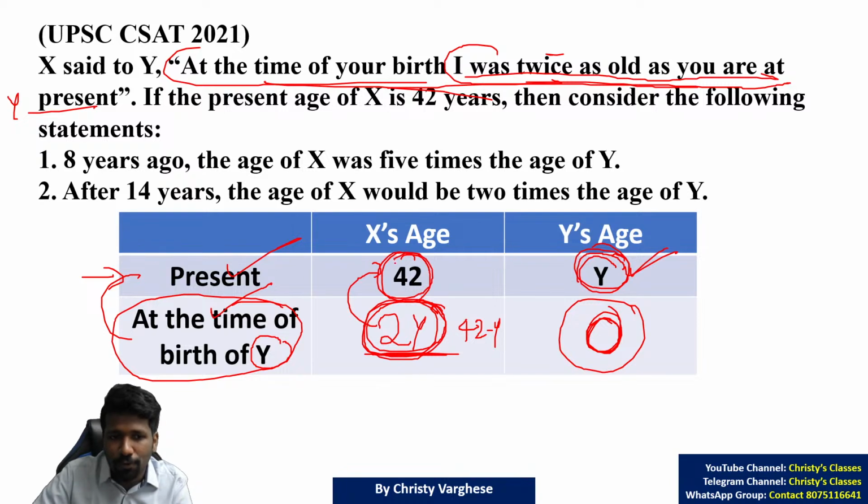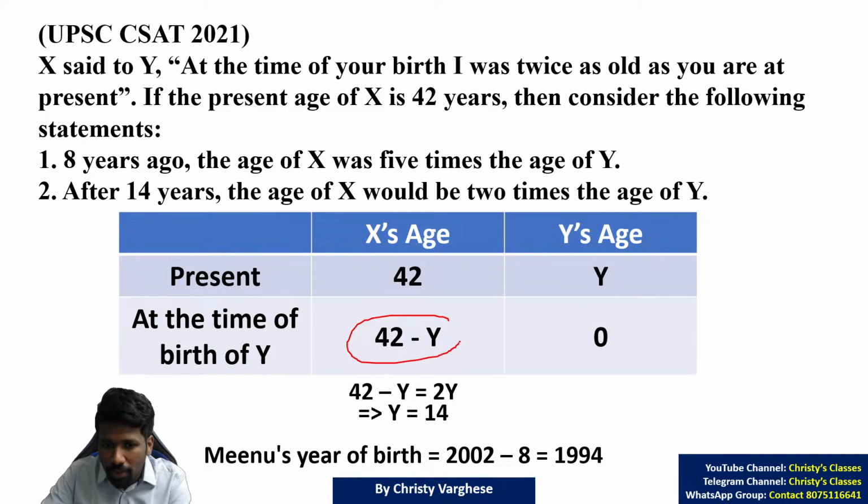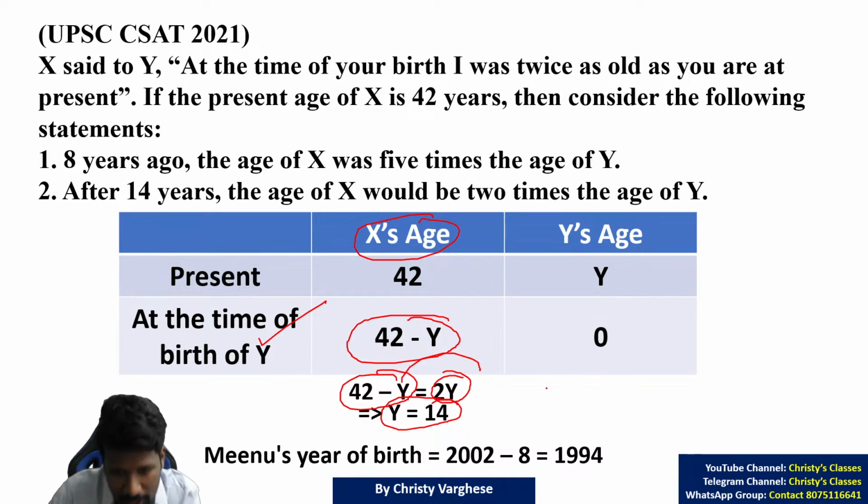X is currently 42 years old, so Y years before it is 42 minus Y. So 42 minus Y is also a representation of X's age at the time of birth of Y. That means 42 minus Y and 2Y are equal. Equating that, you will get the value of Y. Linear equation solving: minus Y taken to the other side becomes plus Y. So 3Y is equal to 42 and Y is equal to 14.